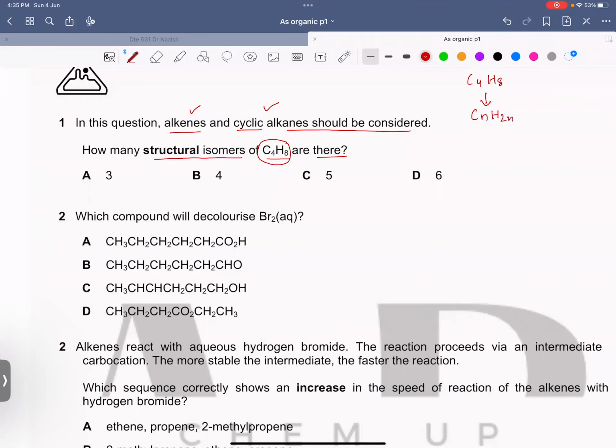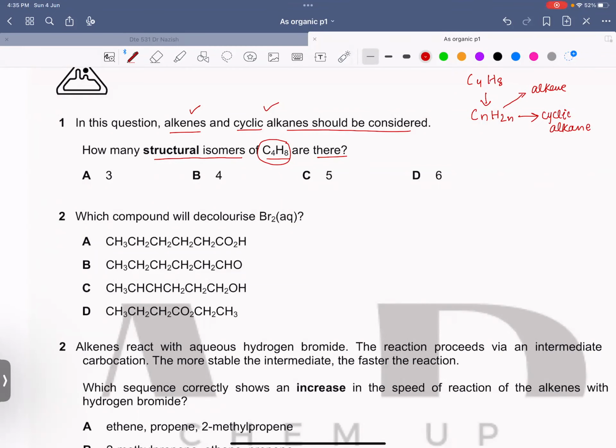And there are basically two kinds of organic compounds which have a general formula of CnH2n. One can be alkene and the other can be cyclic alkanes.